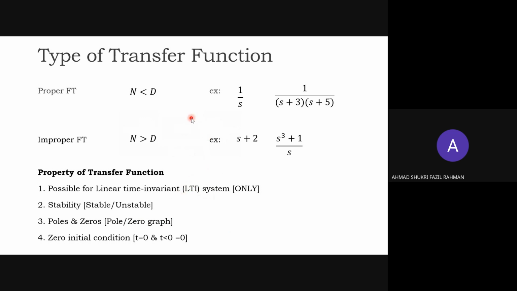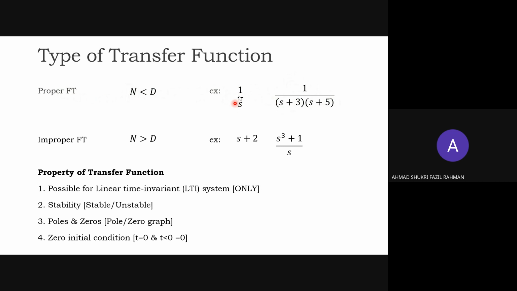For transfer functions, we have two types that we need to understand. The first is proper, and the other is improper transfer function. What is the difference between improper and proper? We look at the degree of the numerator and the denominator, the top and the bottom one. A proper transfer function happens when the degree of the numerator is lower than the degree of the denominator.